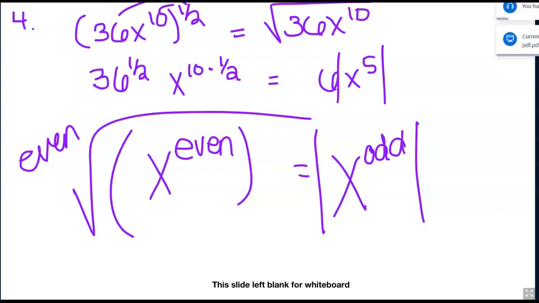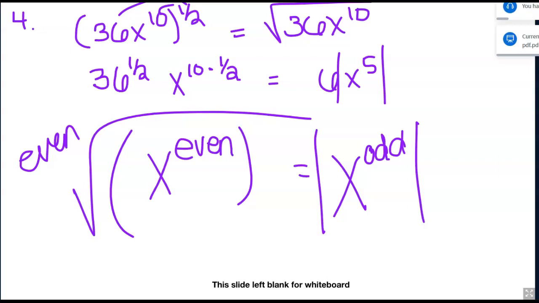And the reason for that is, what do you know about any exponent to an even power? Well, any exponent to an even power is going to be positive. So 36x to the 10 is going to be a positive number. That's why we can take the square root.